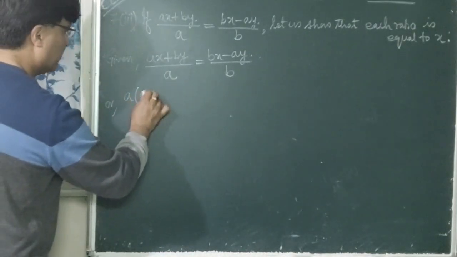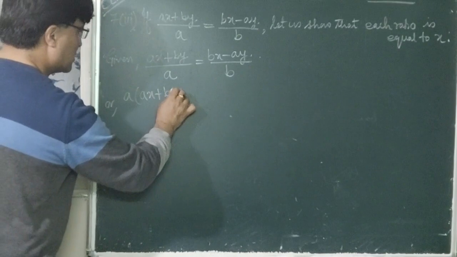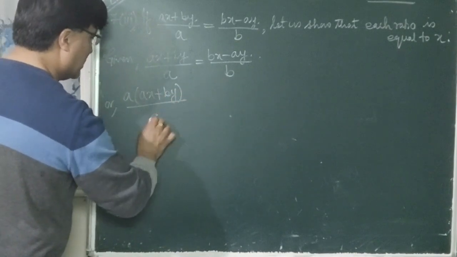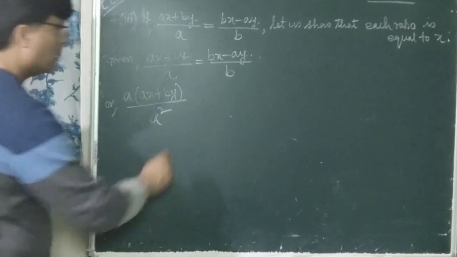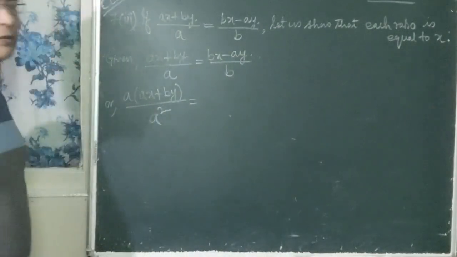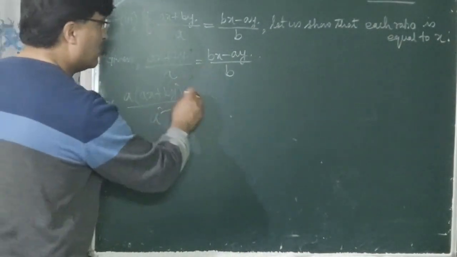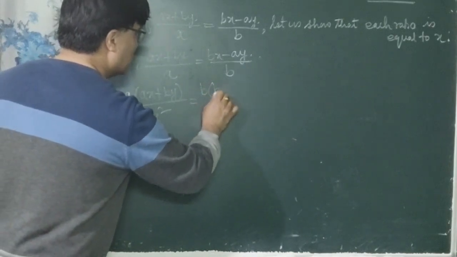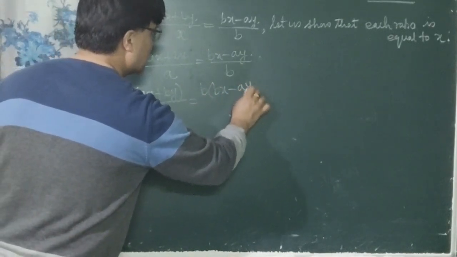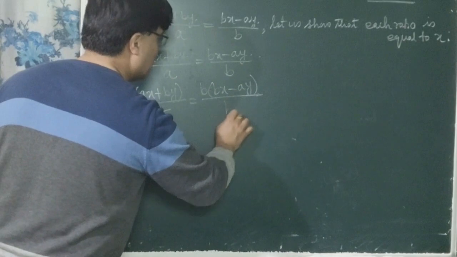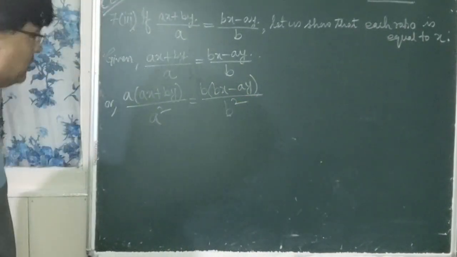In both the numerator and the denominator on the left hand side, you multiply by a. Okay. A into (ax + by) divided by a into a is a square. And on the right hand side, you multiply both numerator and denominator by b. So b into (bx − ay) whole divided by b into b is b square. Okay.